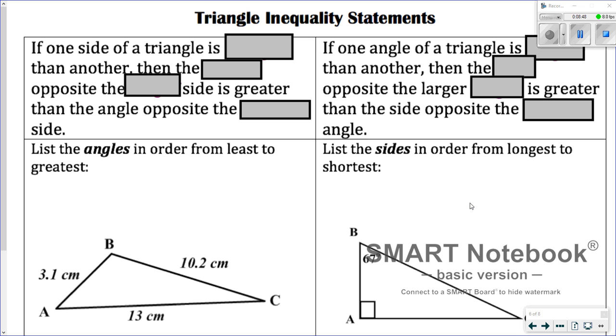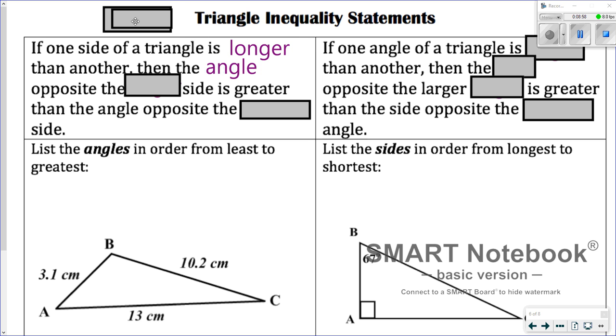All right, so now triangle inequality statements. For this one, it says if one side of a triangle is longer than another, then the angle opposite the longer side is greater than the angle opposite the shorter side.